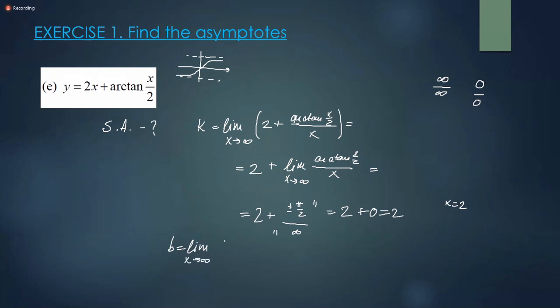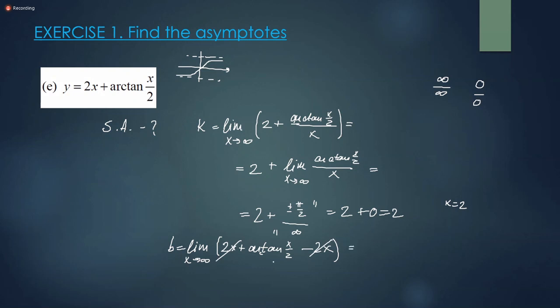Now to find the v value, remember, and this is the last time I'm doing this because we need to move on to investigations. 2x plus the arctangent of half x, minus kx, is minus 2x. So these cancel out very nicely in this case, and we have the limit of arctangent.